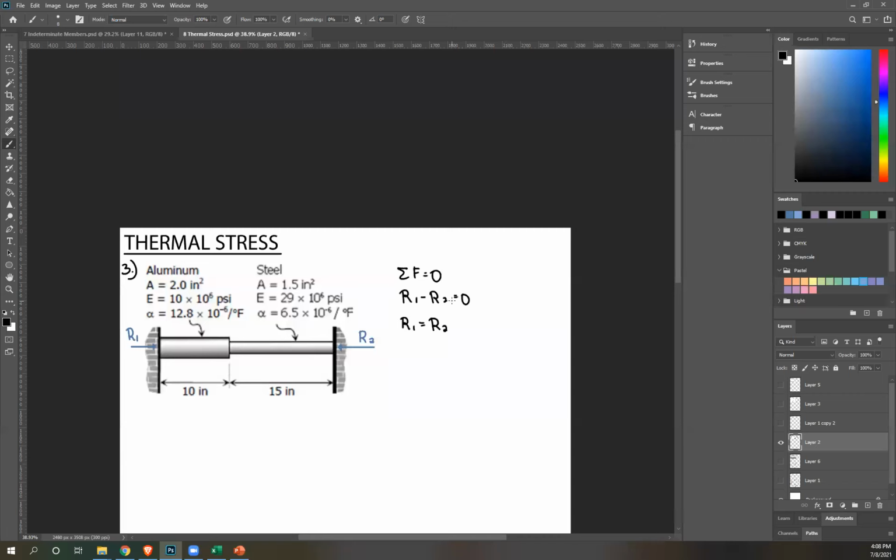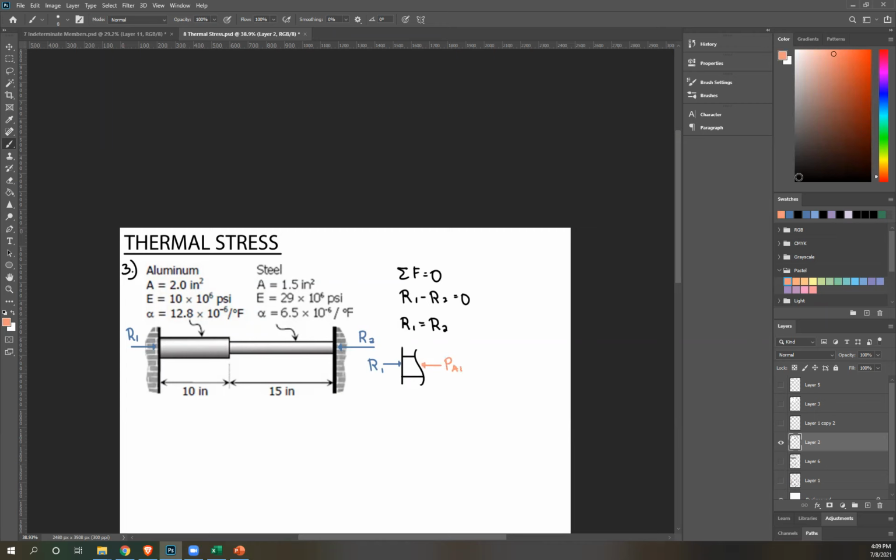Next, to get the stress in each segment, we need to get the internal force it's experiencing in each segment, right? And to get the internal force, you can cut and isolate. So cut isolating, you have R1 here, and then let's call this PAL.